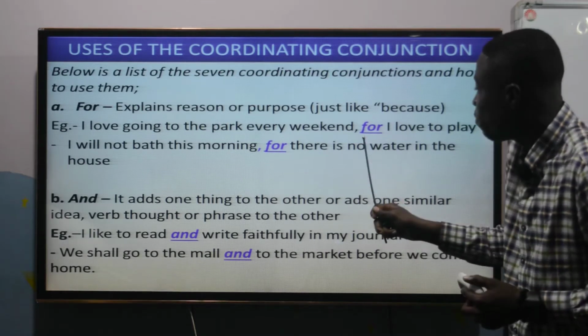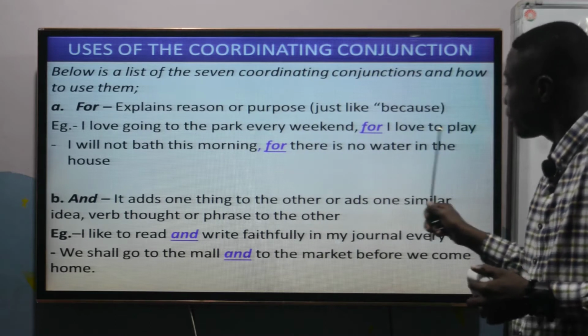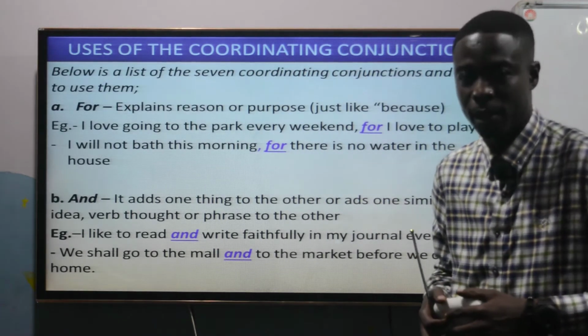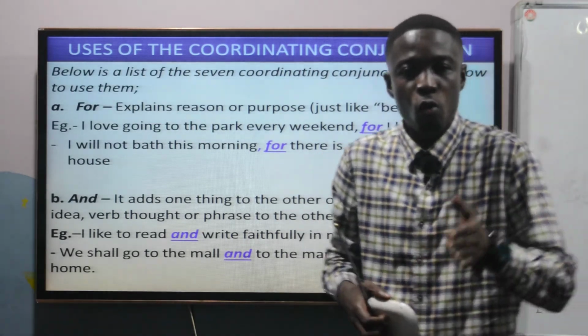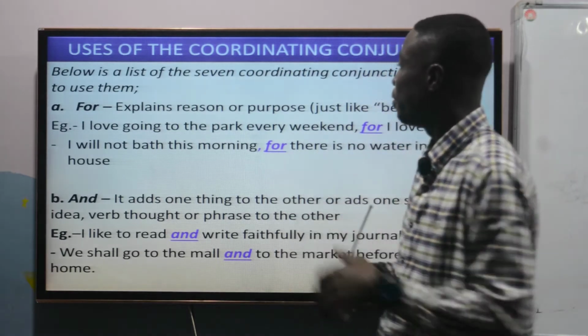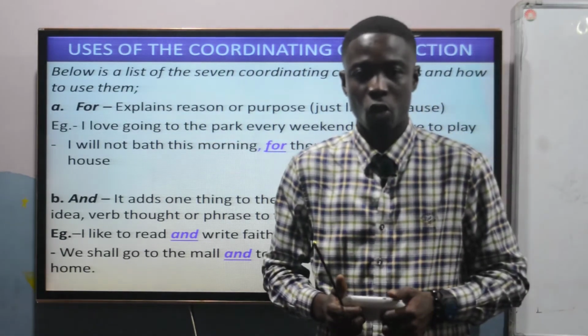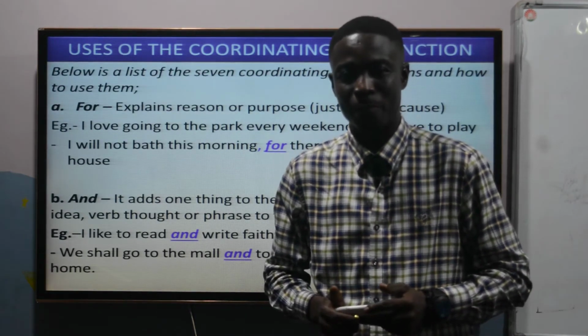That is why we use for. And until you get to know this, you might be tempted to use a different word altogether. So the second clause always explains the reason for the already stated clause. I believe you've understood this.